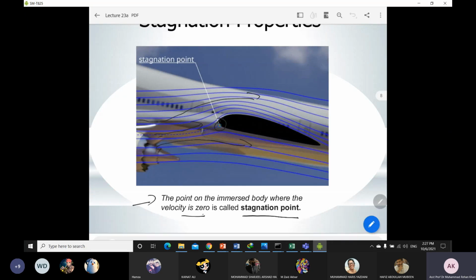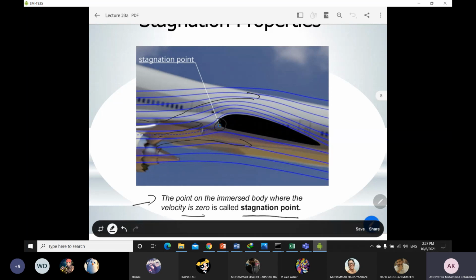Any property at the stagnation point we define as a stagnation property. For example, for thermodynamic analysis, you have to find the pressure, temperature, and enthalpy at the point where the velocity is zero.